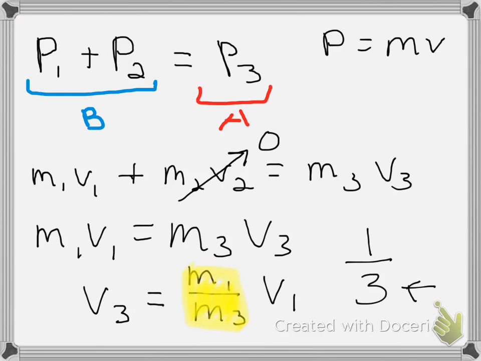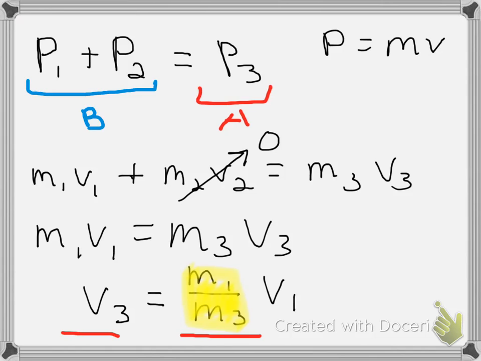So if you look at this thing from a mathematical standpoint, what we're saying is that the final velocity is going to be some sort of fraction of the initial velocity, and the fraction is determined based upon the masses. I should point out at this point our problem is over. You plug in the numbers and you get your answer, but I want you guys to see the physics that's going on here.